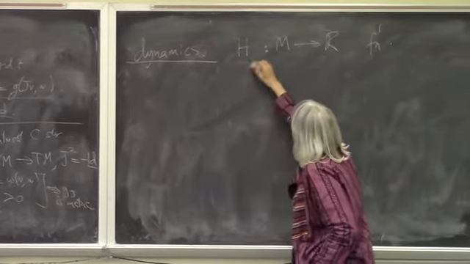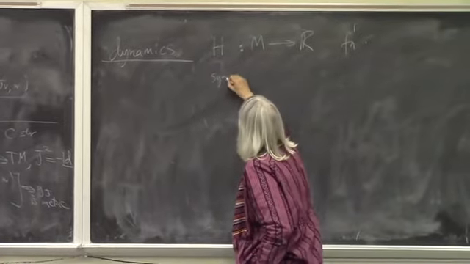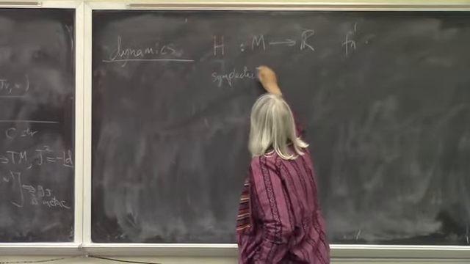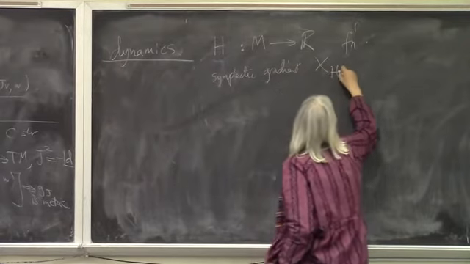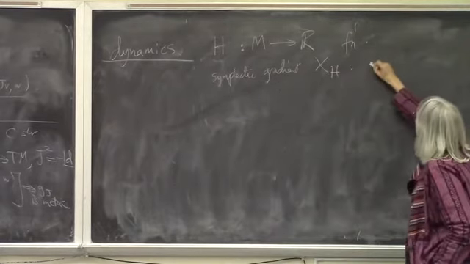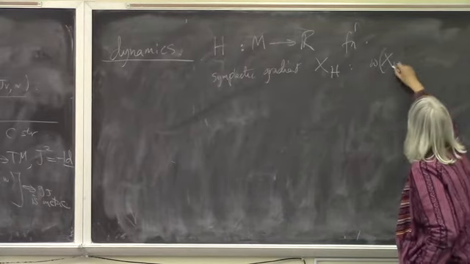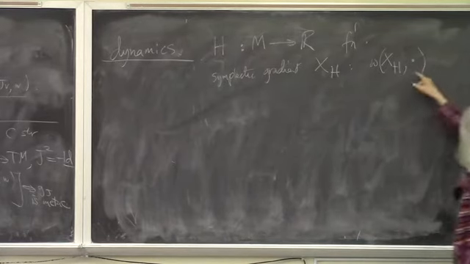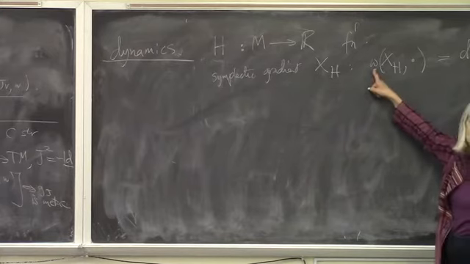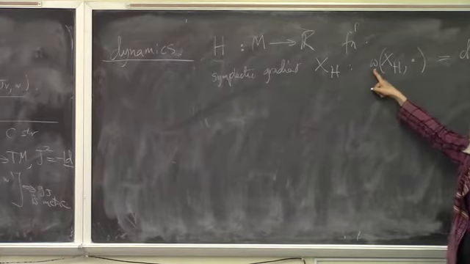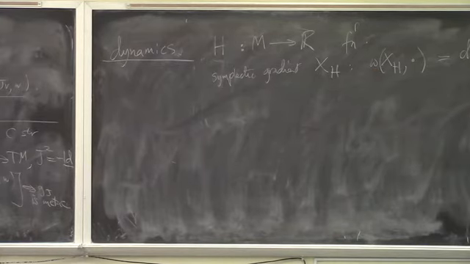Then take what's called its symplectic gradient, which is a vector field X_H defined by the identity that if you pair it with omega, that's a one form, and that's meant to be equal to dH. So it's just like the usual gradient, except that you use the symplectic form as a pairing instead of the inner product.